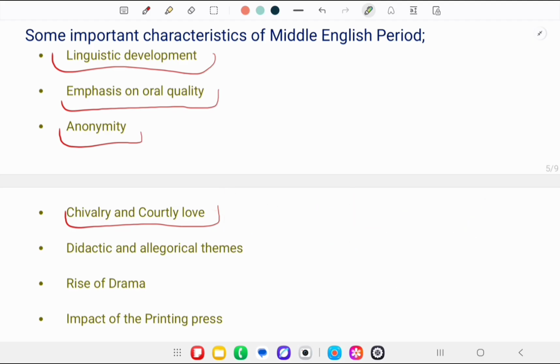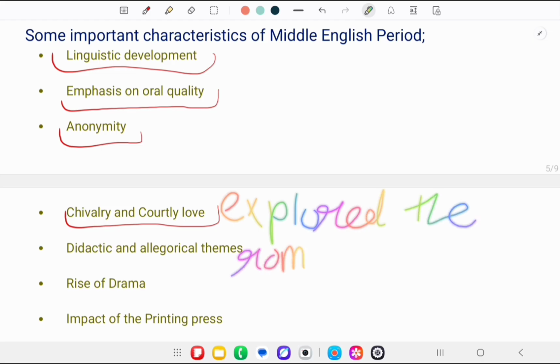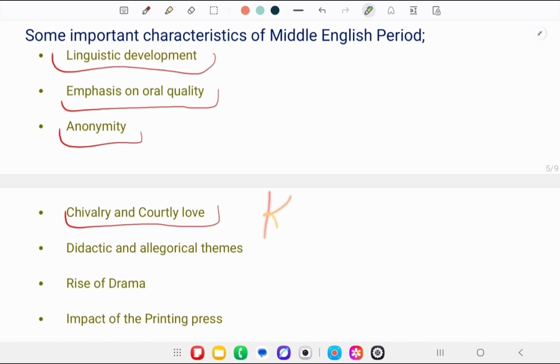The subgenre of courtly love explored the romantic code between a knight and a highborn lady.